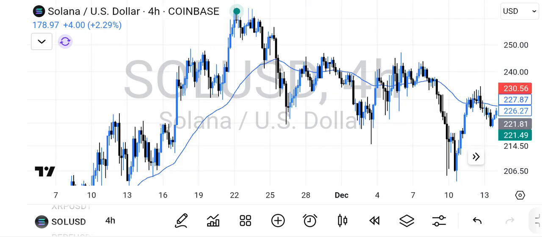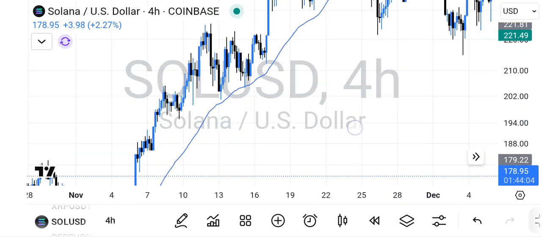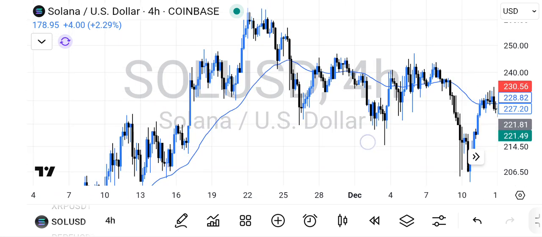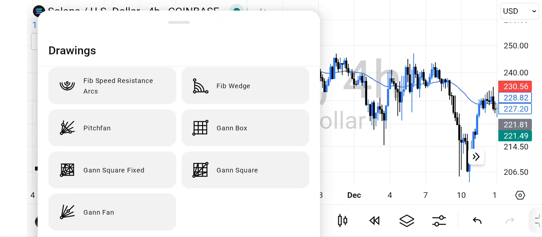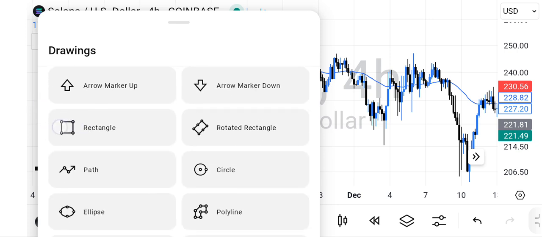Alright, we're going to use the Solana USDT as our first example. If you look at the market, let's try to mark out the higher highs and higher lows first.